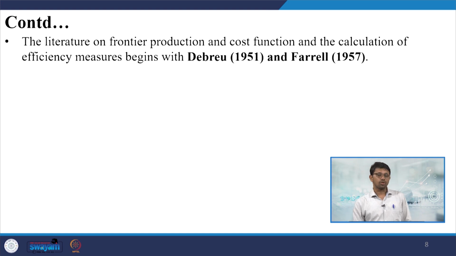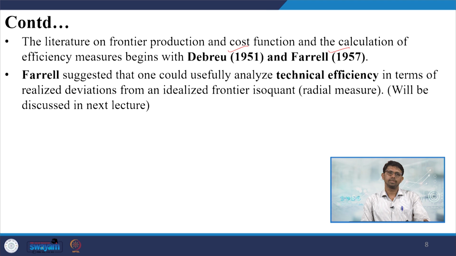The literature on frontier production and cost production and the calculation of efficiency measures begins with two important writers, Debreu in 1951 and Farrell in 1957. So, we refer to their work on frontier production and cost function, and especially the calculation of efficiency.